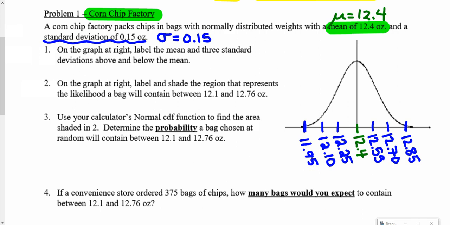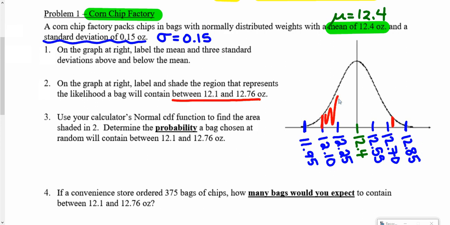All right. It says next to label and shade the region that represents the likelihood a bag will contain between 12.1 and 12.76 ounces. So 12.1 was right here on the standard deviation mark. 12.76 is somewhere up here between 12.7, so between the second and third standard deviation.